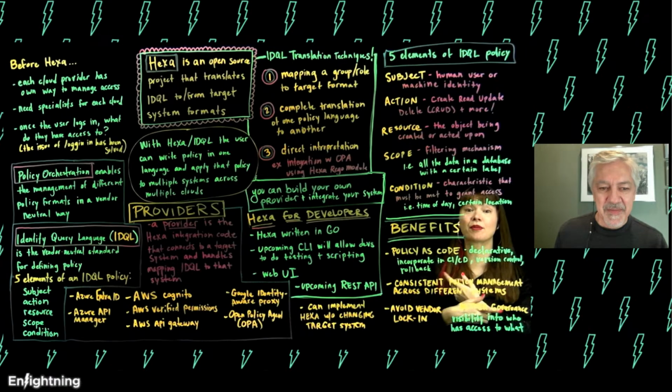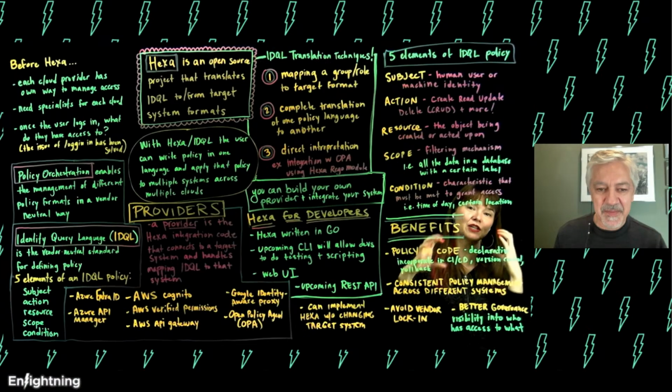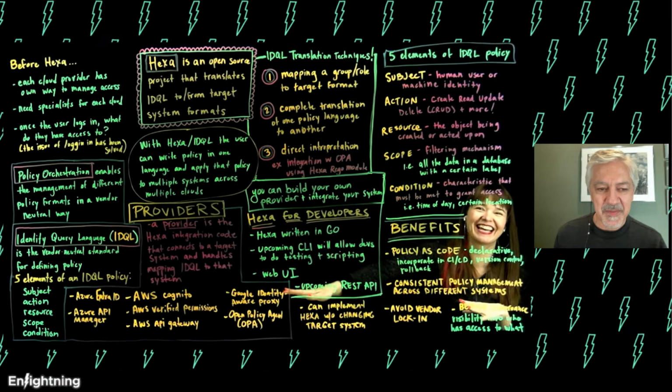So then we talked about providers that Hexa works with. Providers are the Hexa integration code that gets the policies to and from the IDQL language into the vendor-specific language.